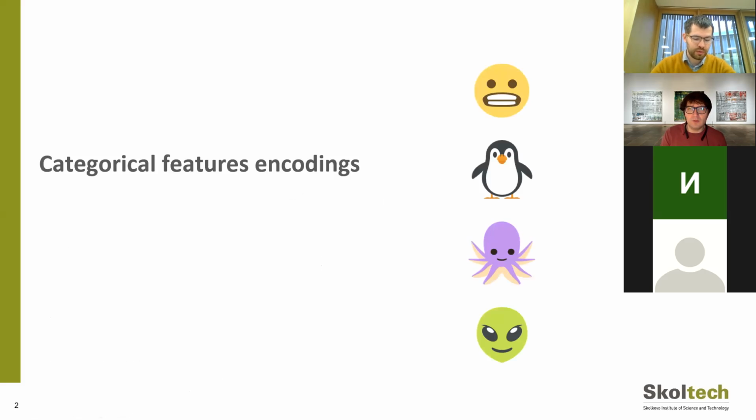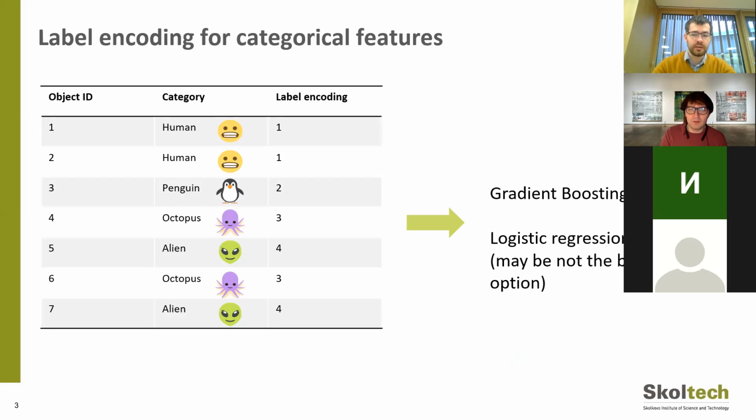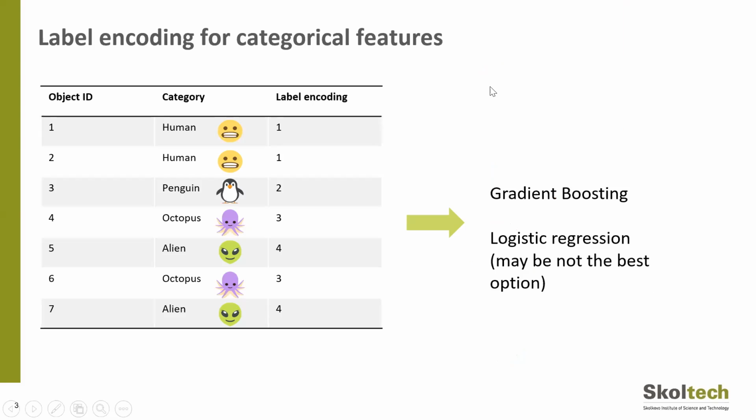So let's start from maybe even more basic stuff. Let's see if we can do embeddings of categorical features and how we can do it. Maybe the simplest solution is to just have label encoding. So we have our objects here, 1, 2, 3, and so on. For each object, we know the value of a categorical variable.